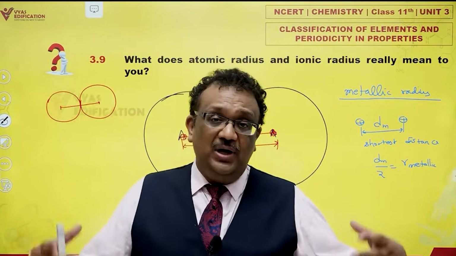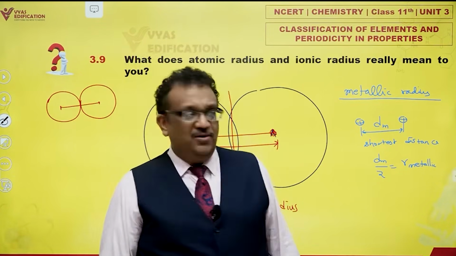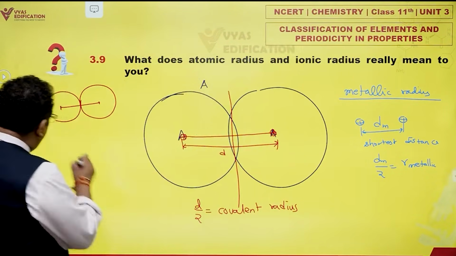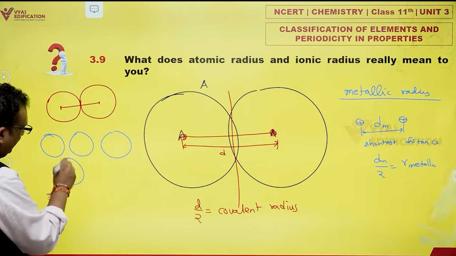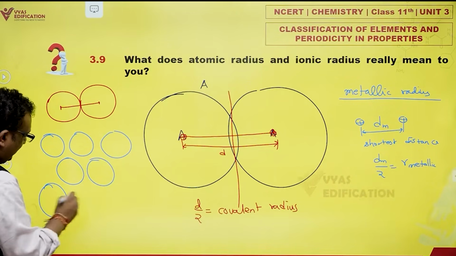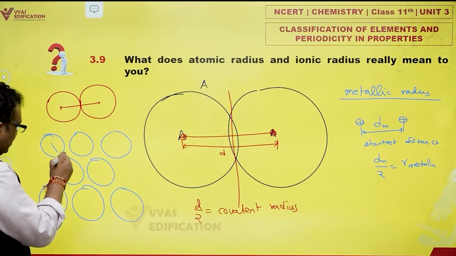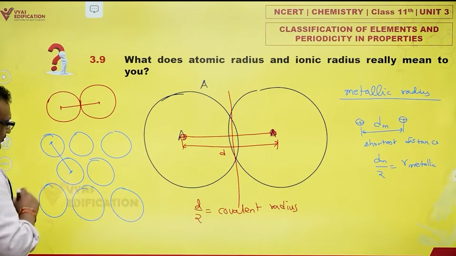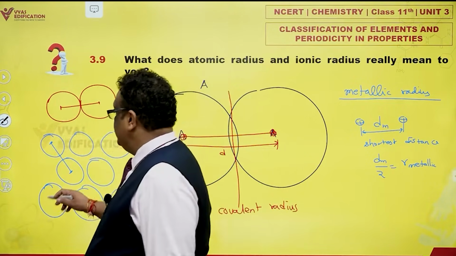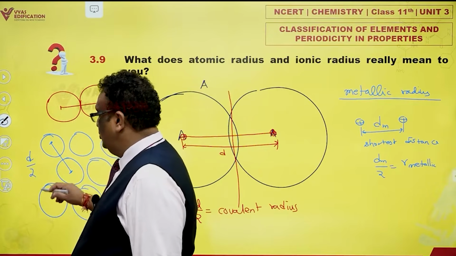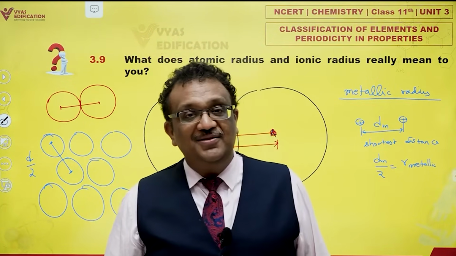Which force actually attracts the molecules of noble gases? Van der Waals forces, right? So in that case, I hope you appreciate that there may not be any overlap at all. It is just that the molecules would be at a certain distance from each other in solid state as per the crystal structure. And this shortest distance between them, whatever it comes out to be, you take this distance by 2, and this will give you a radius which is called Van der Waals radius.